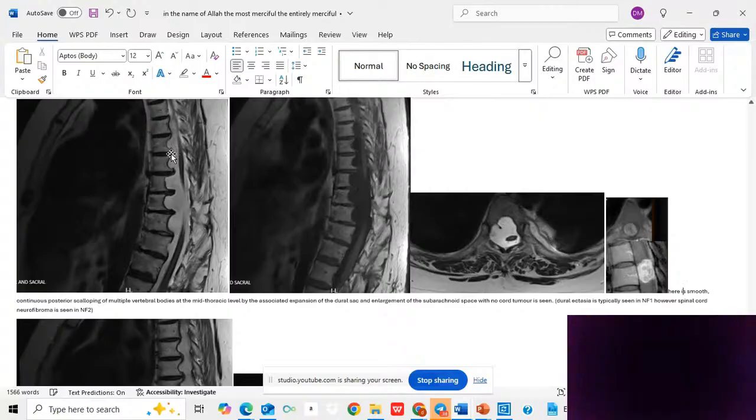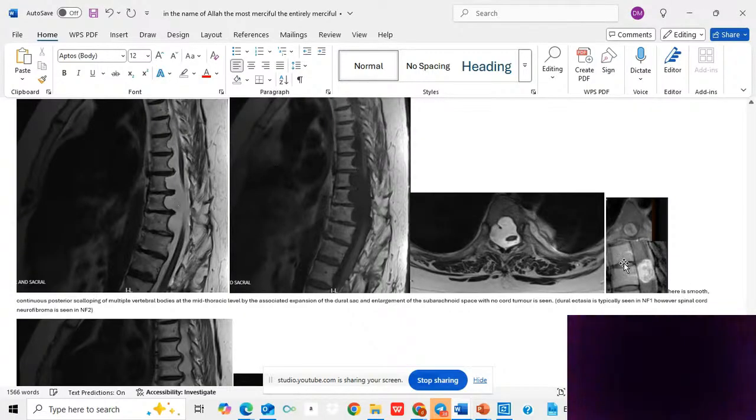This posterior scalloping is caused by the associated expansion of the dural sac and the enlarged subarachnoid space. And you need to mention that the spinal cord is normal with no evidence of a spinal cord tumor.